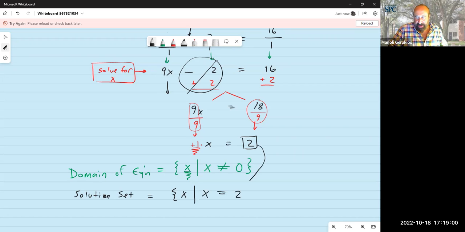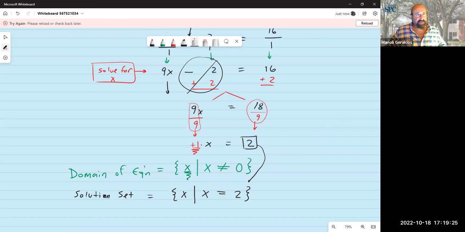See 2 coming in here? A solution set is what x equals. A domain sometimes has restricted, forbidden numbers that x can never equal. See the difference between domain and solution set. Solution set specifies what the actual x number is. What we're going to tell someone, here's the solution, especially after we check it.